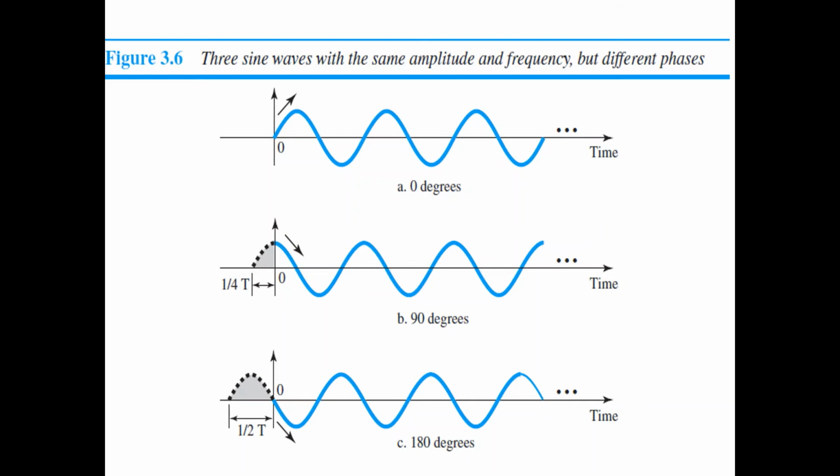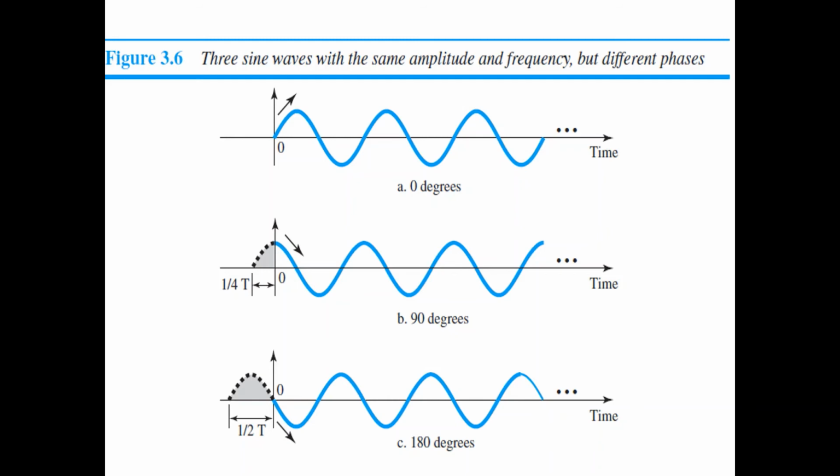So if you are considering one particular wave as a circle, then the difference between the first wave and the second wave would be 90 degrees, whereas the difference between the second diagram and the third diagram would again be 90 degrees.